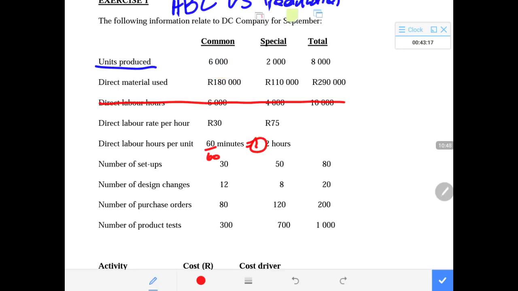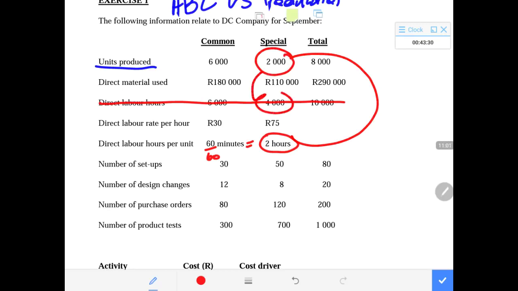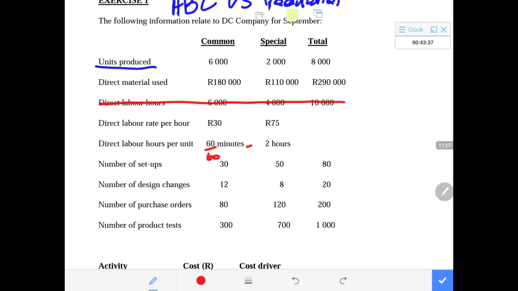In this case, in the special product, we know that it takes 2 hours to complete 1 unit. Therefore, it will be 2 hours times by the number of units that were manufactured. 2 times by 2,000 will give you the same 4,000 hours that is required to complete the 2,000 units of product special.